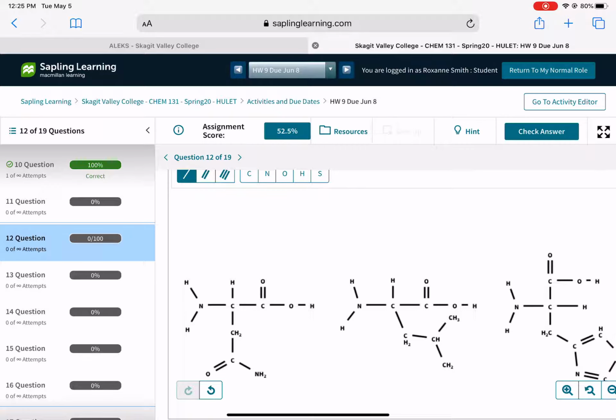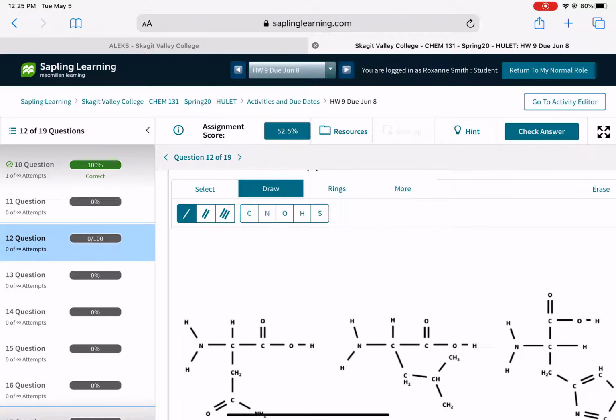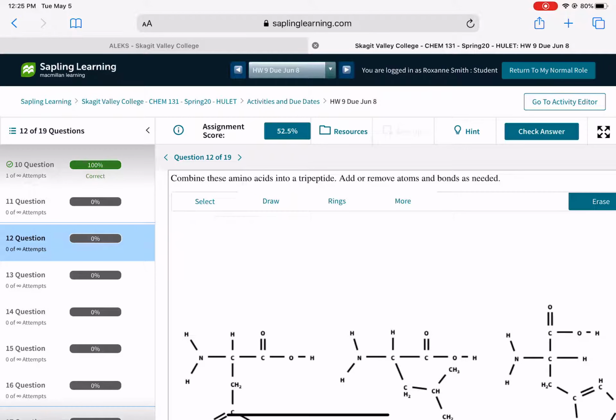Here we have 3 amino acids together, and your job is to connect them into peptide bonds. So it's kind of making it a little bit easier for you because you don't have to draw the whole entire structure of every single individual amino acid. But what you want to do is take these amino acids and modify their structures as necessary.